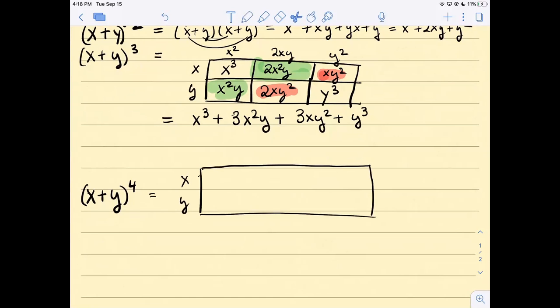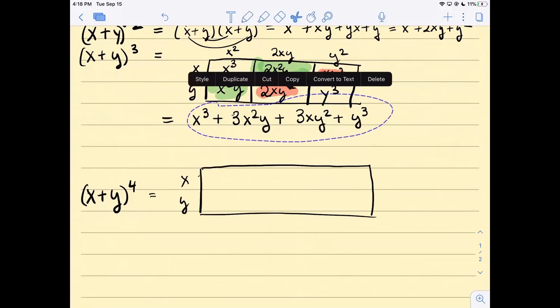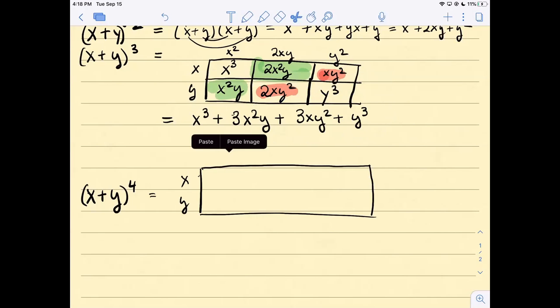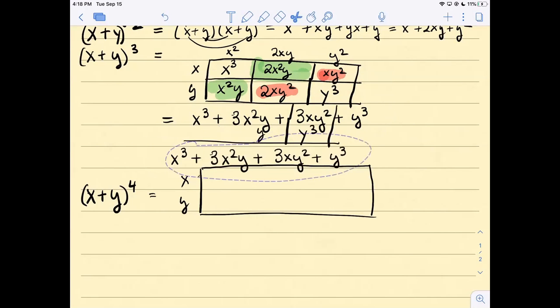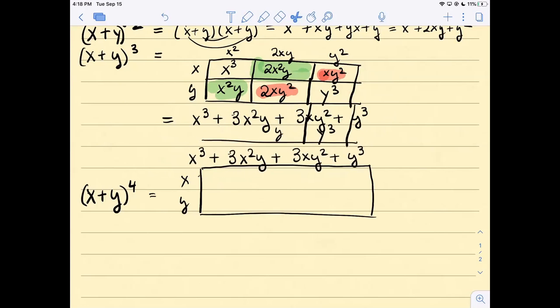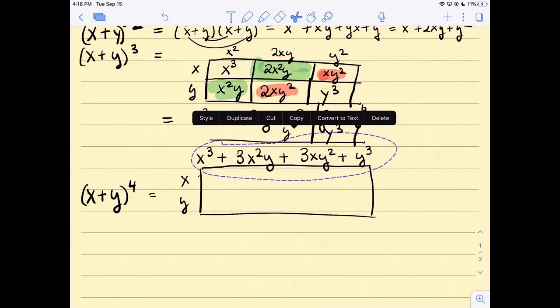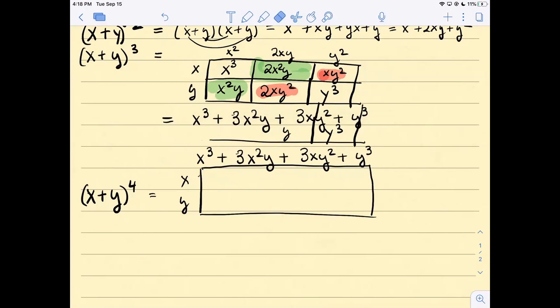You can copy and paste. And you can do a similar thing with this one.